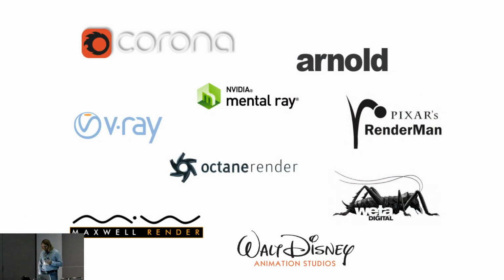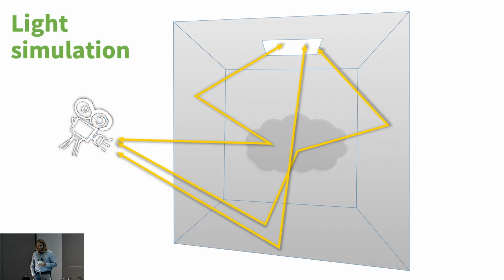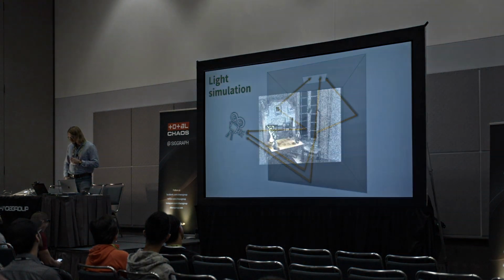Of course, we have plenty of renderers, and they differ by their application, but they all share essentially the same core technology, which is the idea that we're trying to simulate very accurately, on a physical basis, the behavior of light as it bounces around in the scene. This simulation involves trying to find all the possible paths along which the light can travel from the light sources all the way to the camera. That's the basis here.